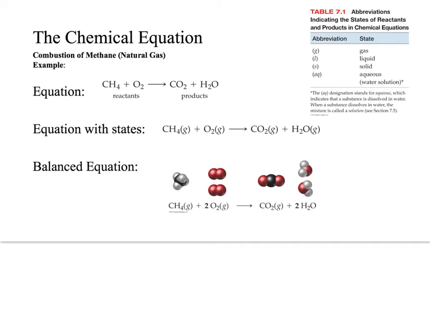Oftentimes, the state of the compound is included along with the formula. So in this case here, we have methane and oxygen, and they are both in gas forms, and they combine to create carbon dioxide and water, and they are both in gas forms as well.